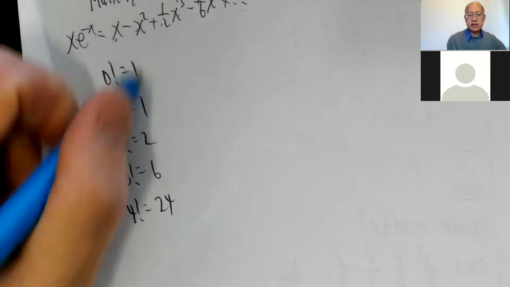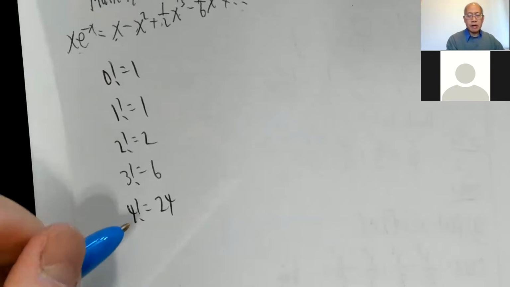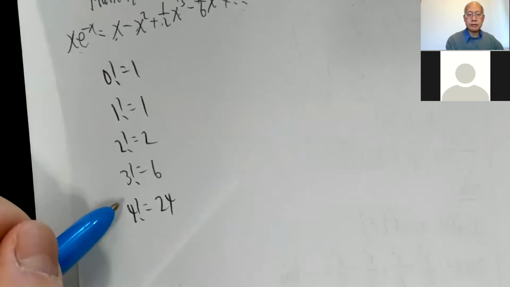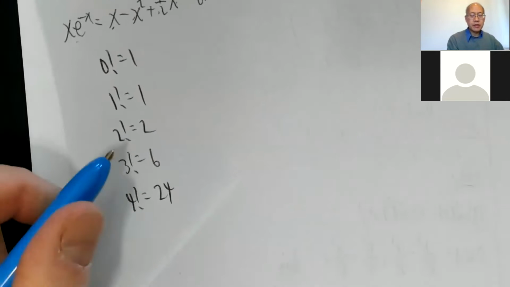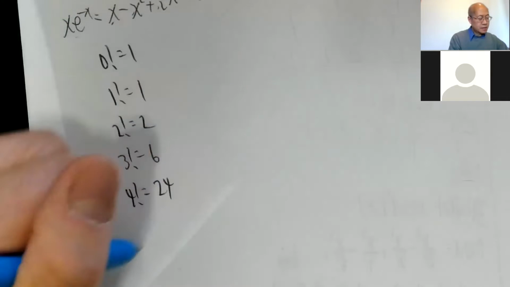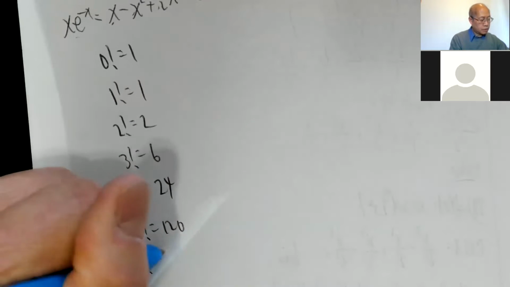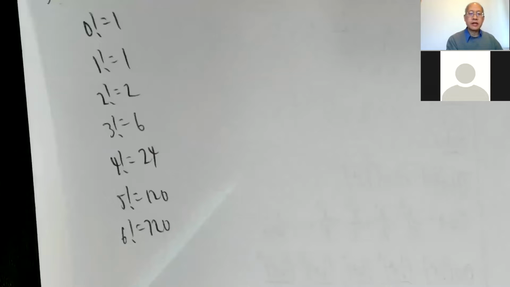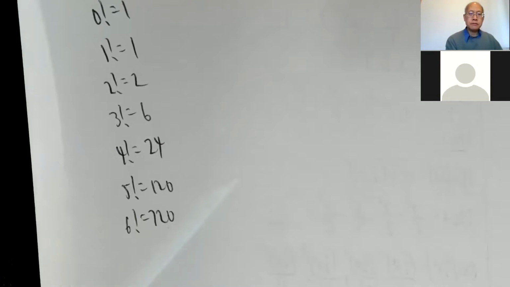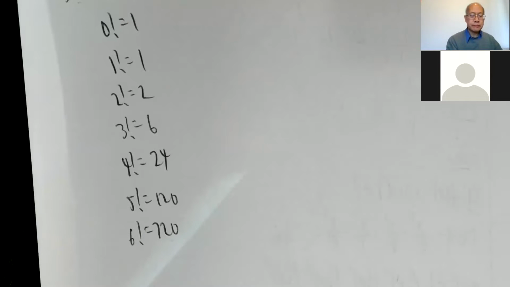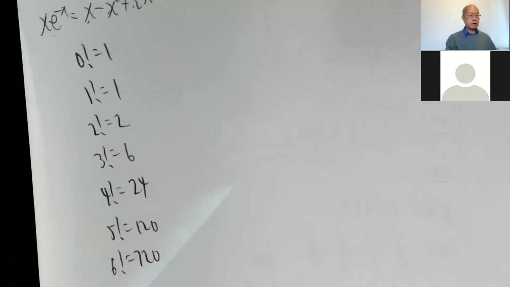I think you definitely should memorize these, but even if you don't, it doesn't take that much time to go 1 times 2 times 3 times 4, if you know what they mean. Okay, I've gone up to 6. So anyway, 5 factorial is 120. 6 factorial is 720. And that's as much as I'm willing to go. But anyway, those are some of the factorials.